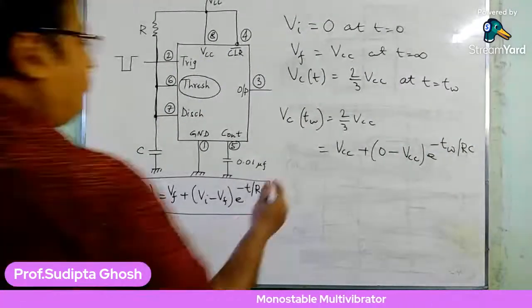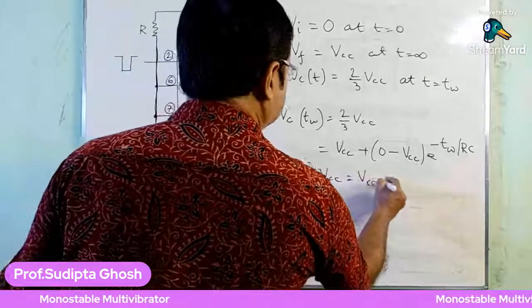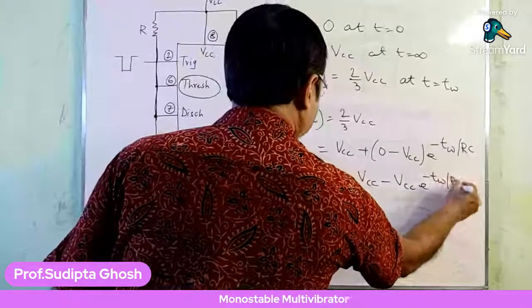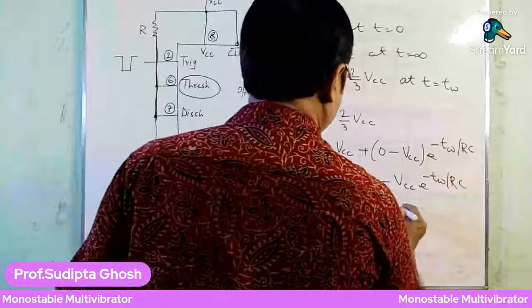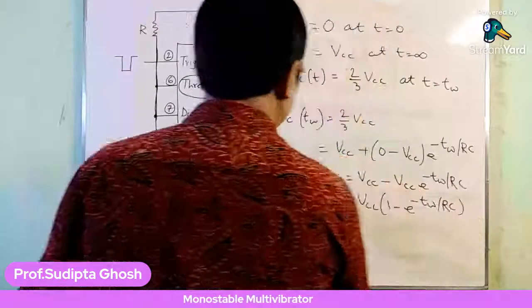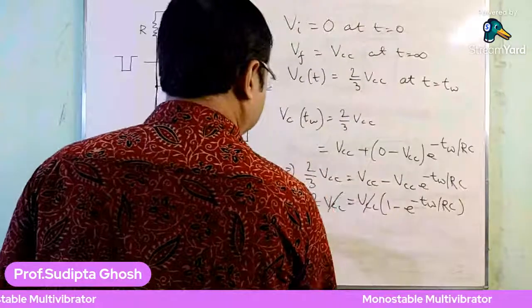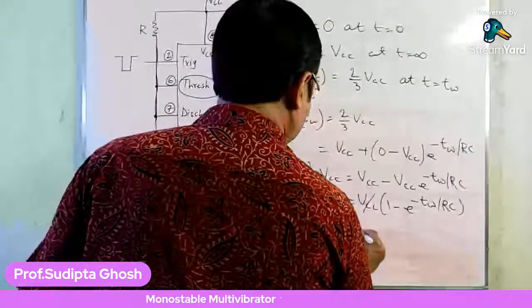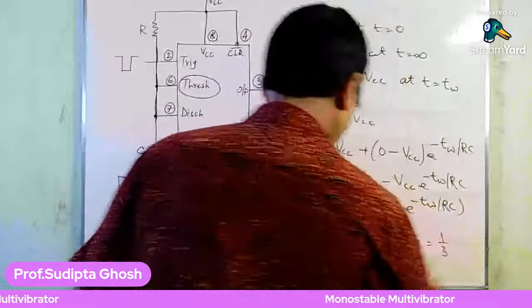So here we have 2/3 VCC equals VCC minus VCC e to the power minus TW by RC. Let's make VCC common, that is 1 minus e to the power minus TW by RC. On the left hand side 2/3 of VCC, so VCC cancels, that makes e to the power minus TW by RC equal to 1 minus 2/3, that means 1/3.